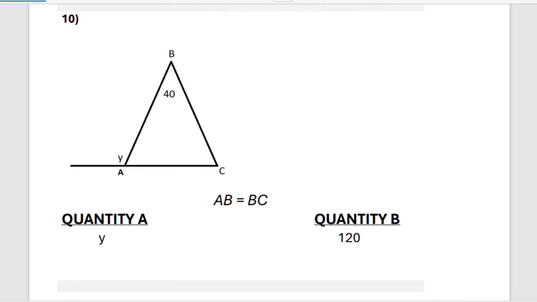So quantity A is greater than quantity B. For this particular problem, we are told that AB is equal to BC. That means it's an isosceles triangle. And what this means is if the angle here is x, that means the angle here is going to be x. And the sum of angles in a triangle is 180 degrees. That means 40 plus x plus x gives us 180 degrees.